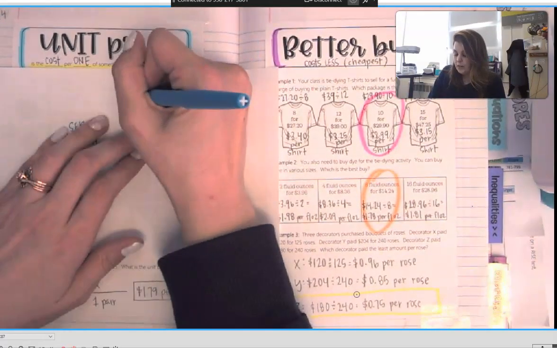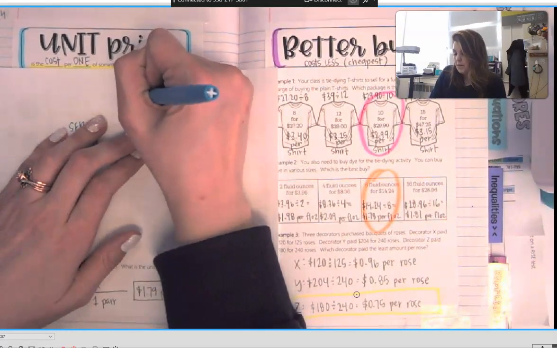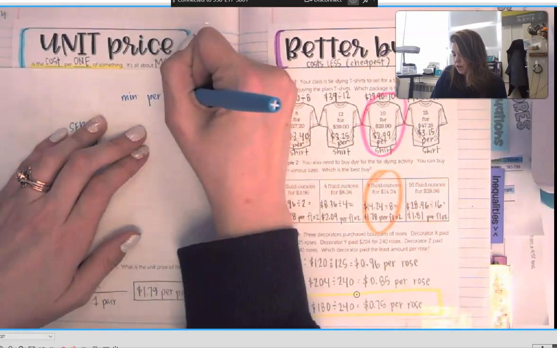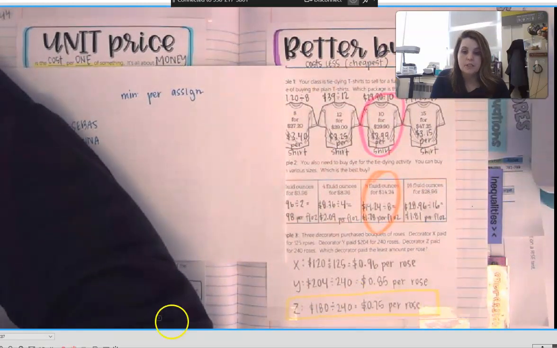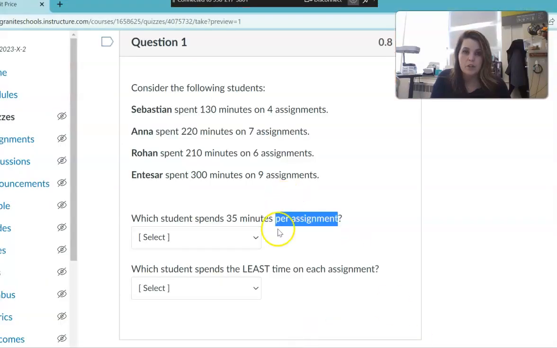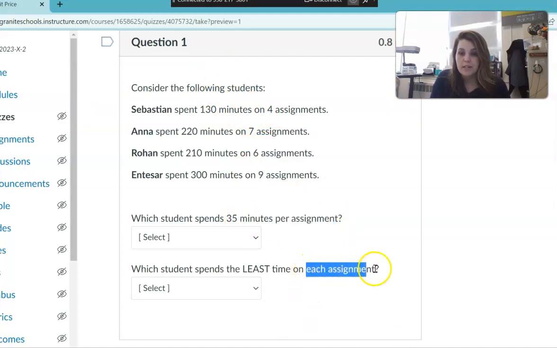This one wants us to look at the minutes per assignment. So the prompt normally tells us what we are looking for. In this case, if I quickly flip back to our unit rate, right here I have highlighted minutes per assignment, and then here each assignment means the same thing.